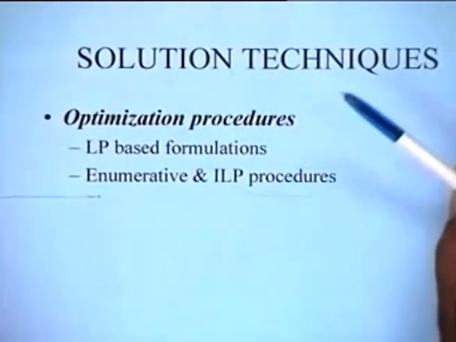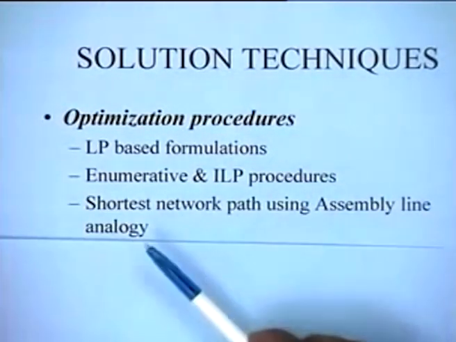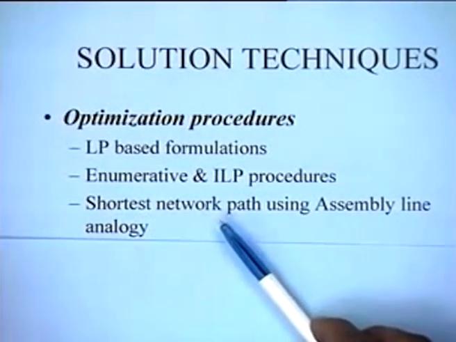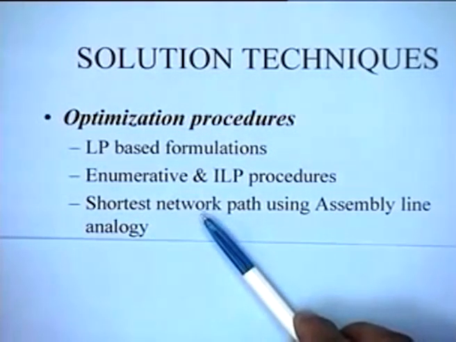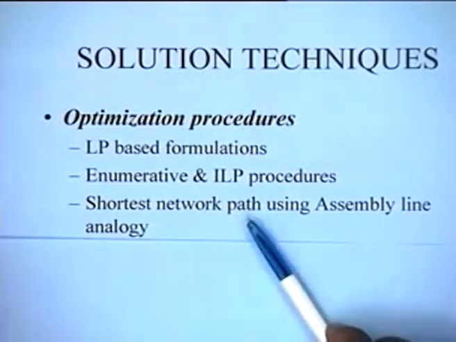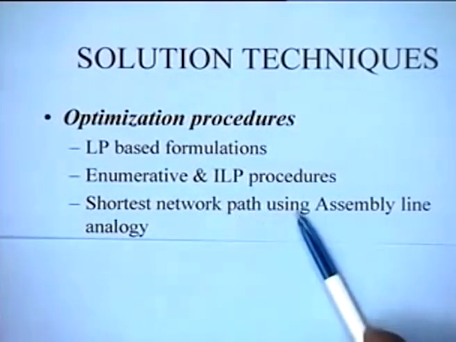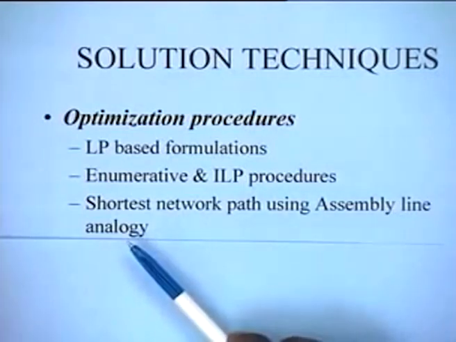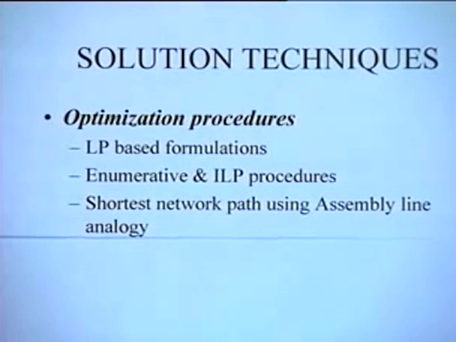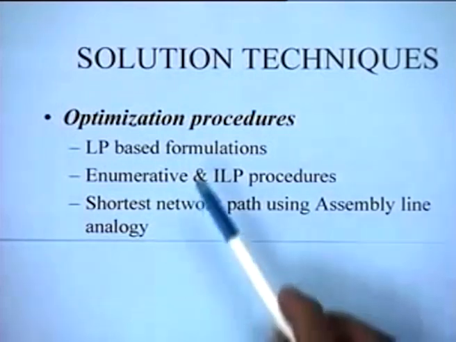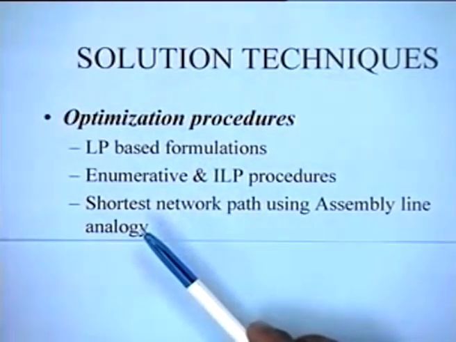And of course, there are other procedures which are based on analogies. There is a very interesting network path approach, that means developing a network and trying to find the shortest path in that network by drawing an analogy between the assembly line balancing problem and the limited resource allocation problem. But the difficulty with all these approaches is that they are not good for real life, real sized problems.